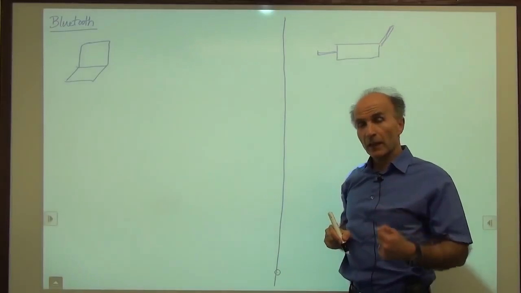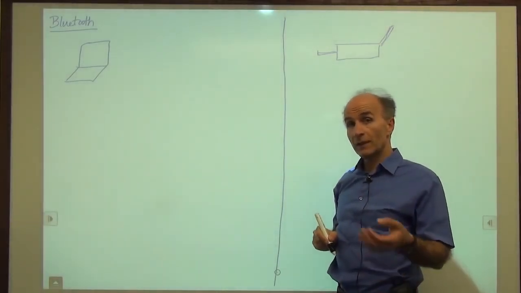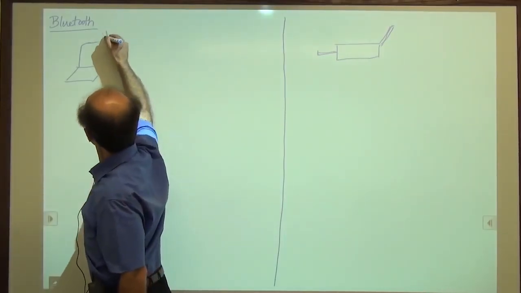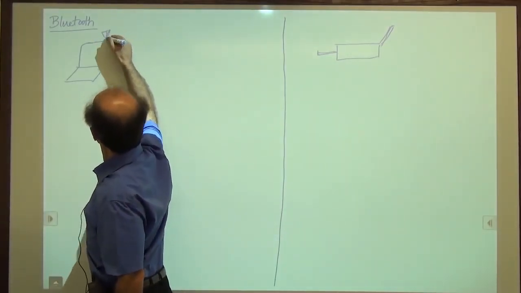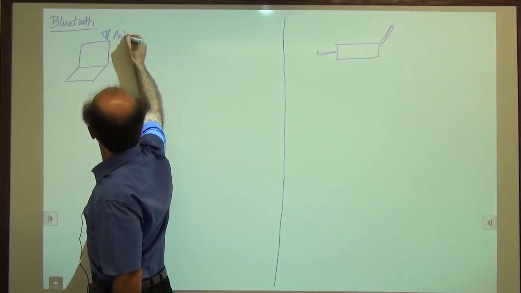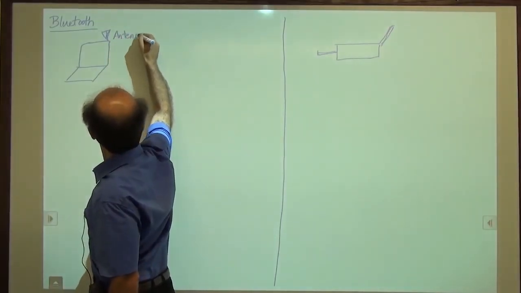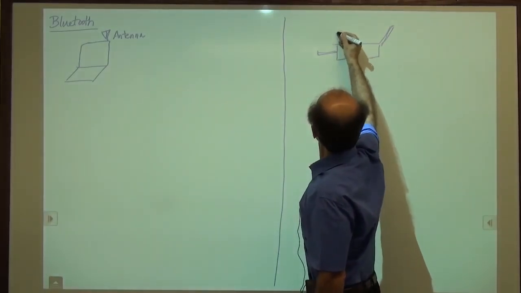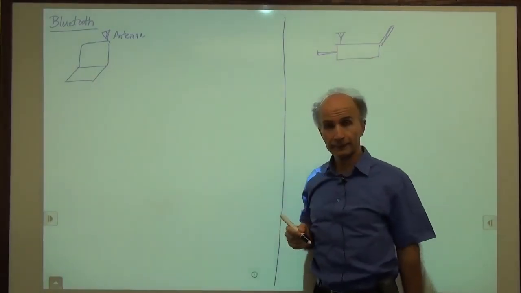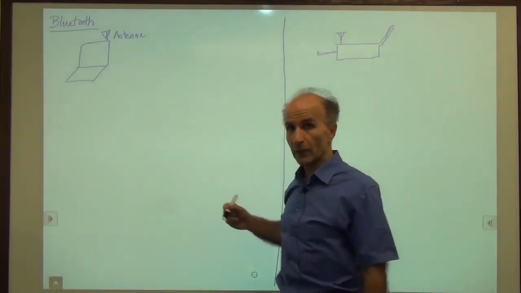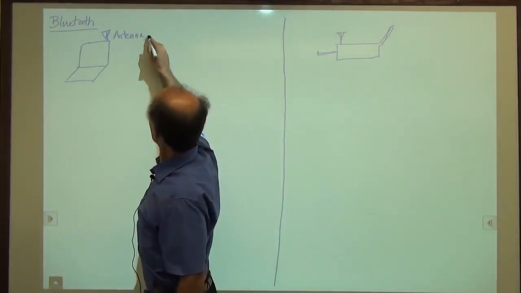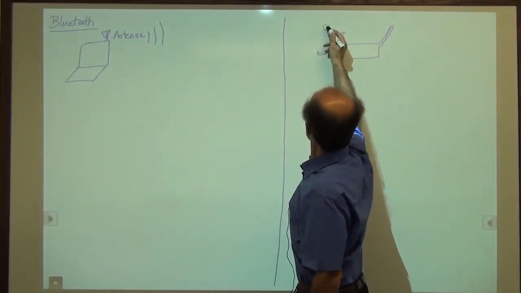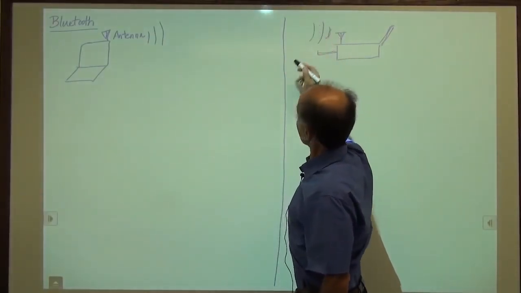Okay, well, for wireless communication we need an antenna. So this guy would have an antenna on it inside. So that's the symbol for an antenna here. And then this guy would also need an antenna somewhere to receive the signal. So the laptop transmits this information wirelessly, and the printer receives this information wirelessly.